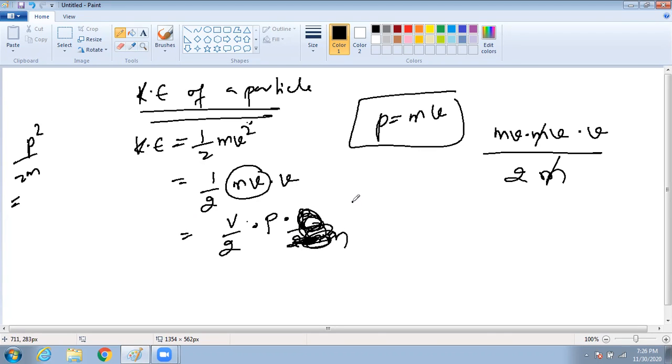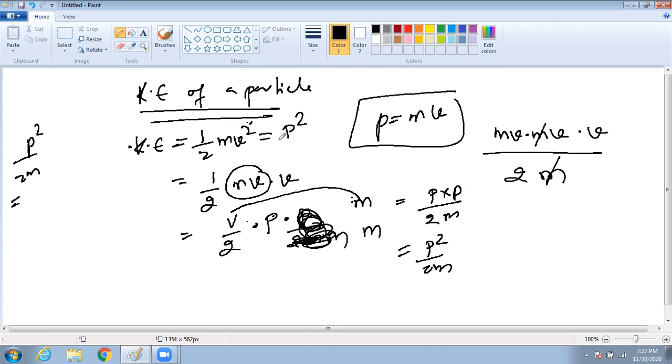Now I divided by m and multiplied by m. Can you do that? Yes, the value is unchanged. So this mv into p becomes p into p, divided by 2m. So can I write this as p square by 2m? So kinetic energy is half mv square, and another formula is p square by 2m.